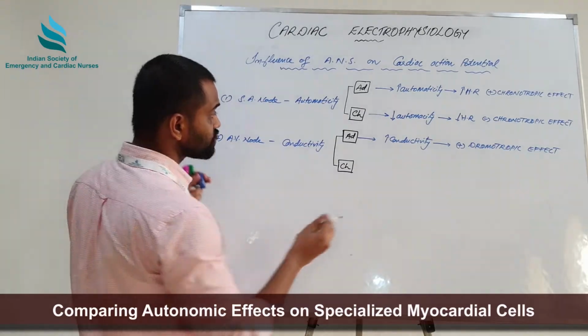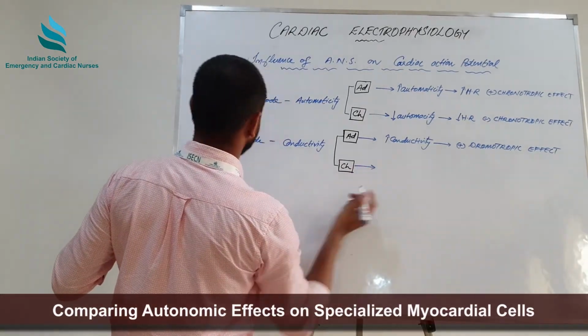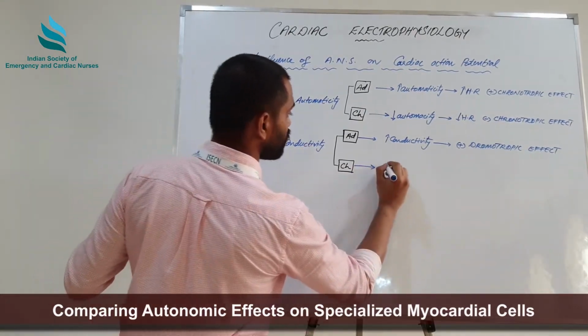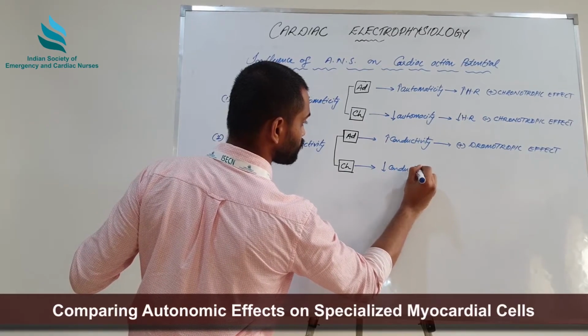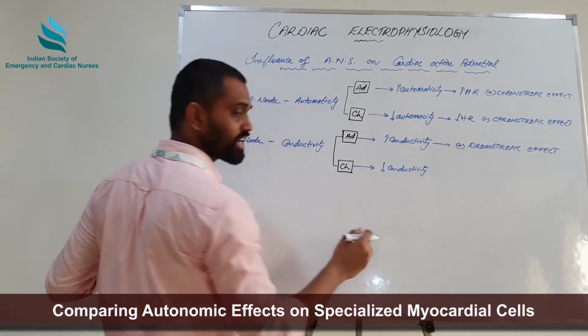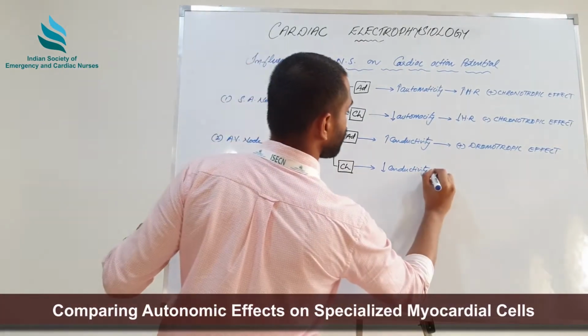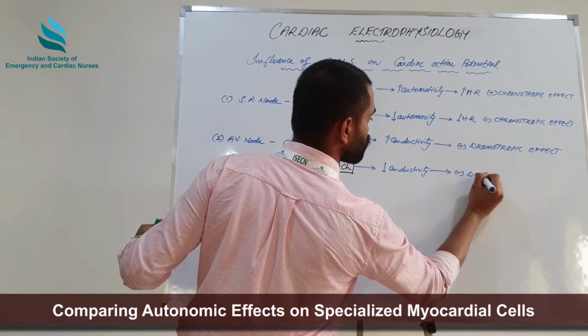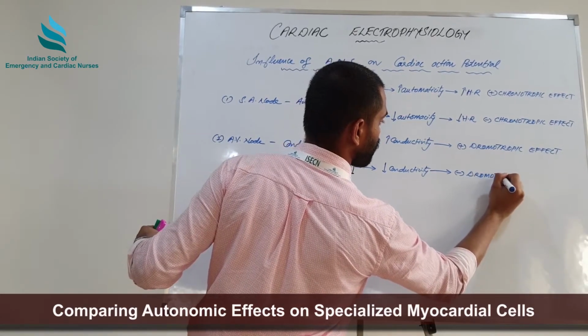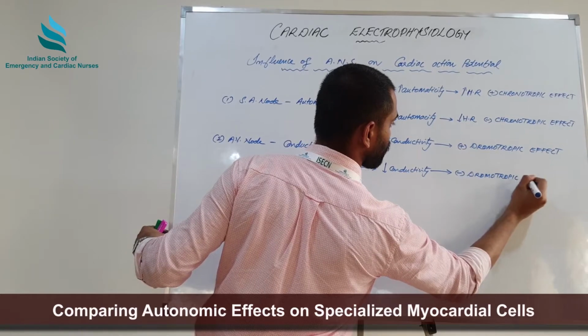So under cholinergic influence, the AV node will have decreased conductivity. The rate of conduction will be slowed down, which is what we call a negative dromotropic effect.